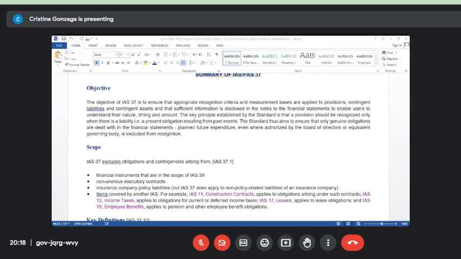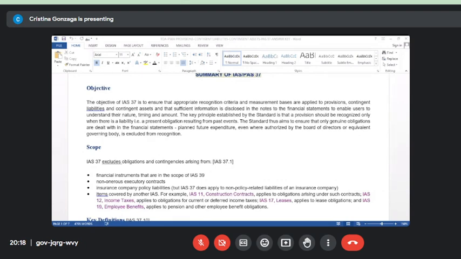Okay, ilang criteria yon for recognition of a provision? Three. The enterprise or the reporting entity has a present obligation, whether legal or constructive, as a result of a past event. And then another criterion is the probability that an outflow of resources embodying economic benefits will be required to settle the obligation.